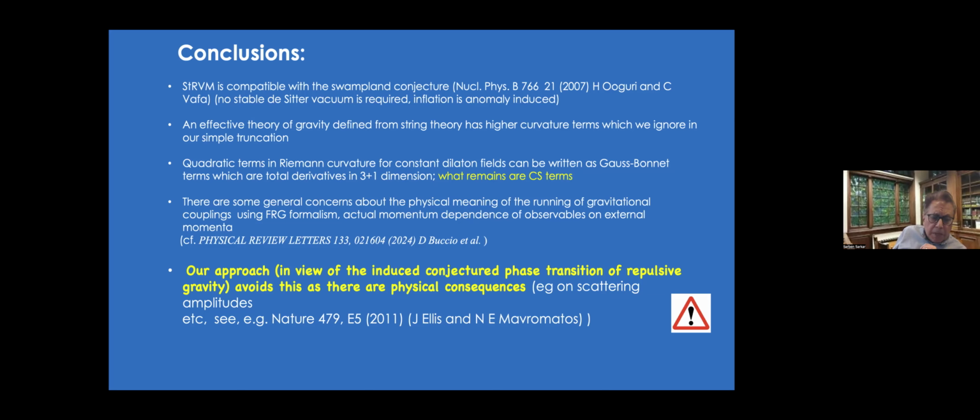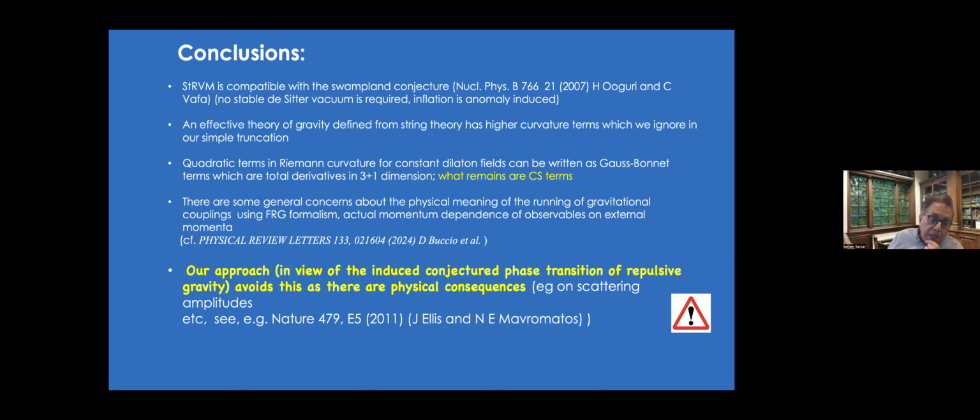Now, there has been a recent paper in this regard by Bonanno and Donoghue, and actually one person from the FRG community, Percacci. So they have things to say, but I don't know really what to say about that. I'm aware that there are some issues like people talk about. Then our approach, because we have a conjectured phase transition of repulsive gravity, and this has physical consequences, it's a bit different.